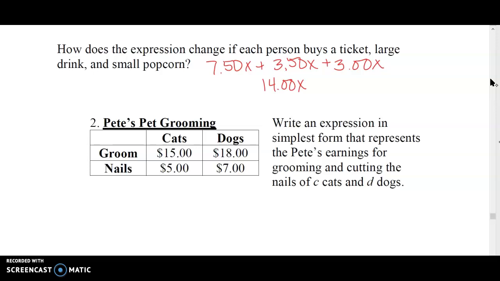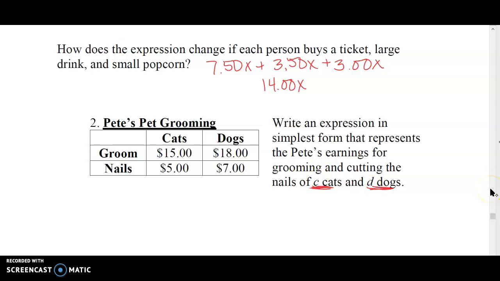So taking a look at Pete's Pet Grooming, it says, write an expression in simplest form that represents Pete's earnings for grooming and cutting nails of C cats and D dogs. It's giving you what your variables are representing. In this problem, C represents the number of cats, and D represents the number of dogs.